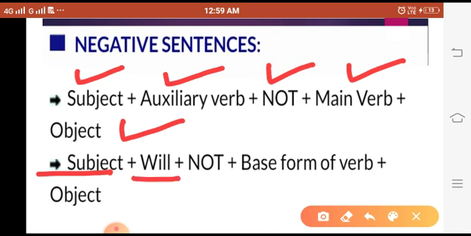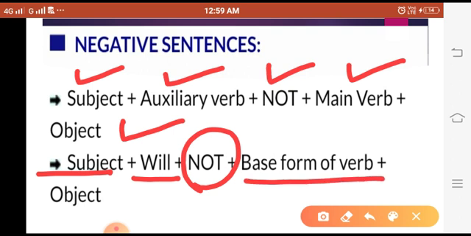Auxiliary verb will, and the word not. Use of not is a compulsion in forming negative sentences in any kind of tense, that makes the sentence negative. Then base form of the verb, that means first form of the verb, and then object.